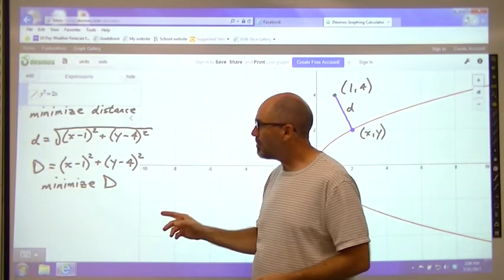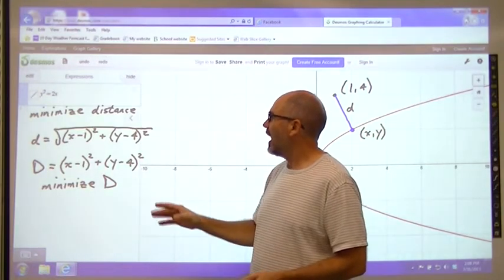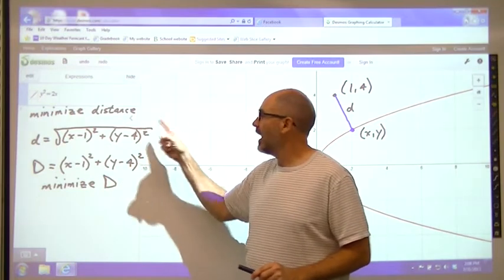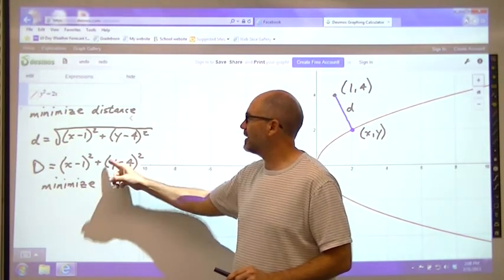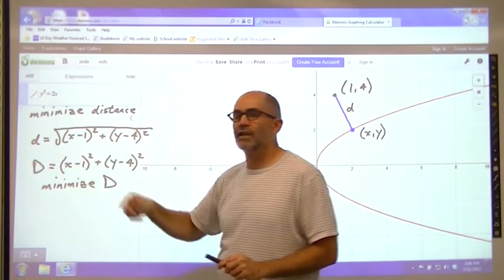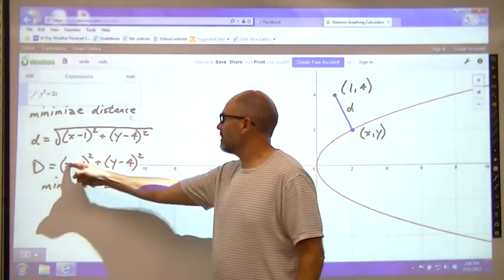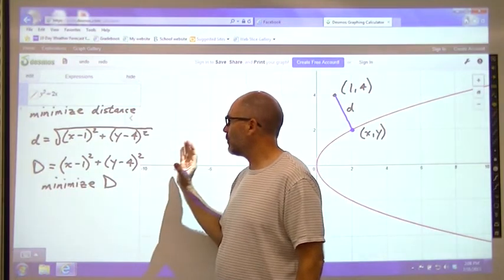So to make it simpler on ourselves, I don't really care what the derivative of this radical is. I care about minimizing what's under it, which will in turn minimize it. So I just want to minimize this term without the radical.